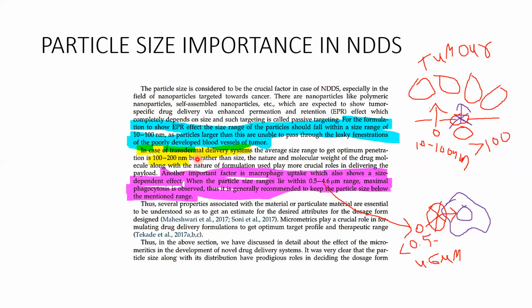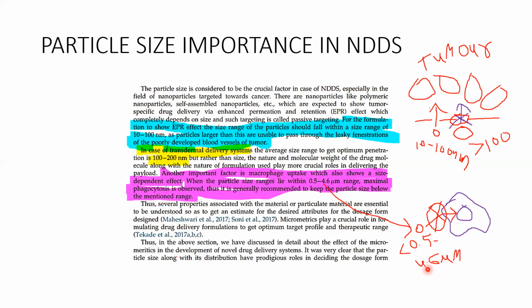Next, in case of transdermal drug delivery, the particle size should be 100 to 200 nanometer. And in case of nanoparticles, the particle size should be 0.5 to 4.6 micrometer.